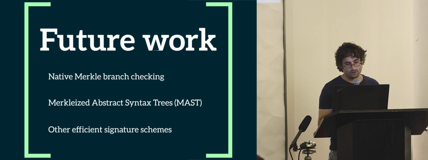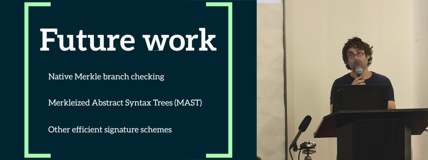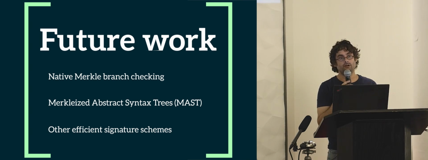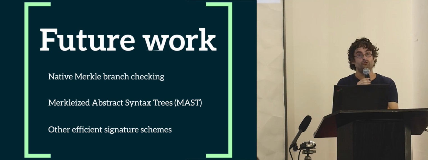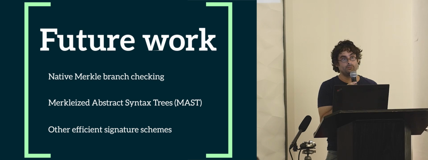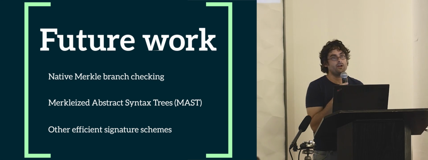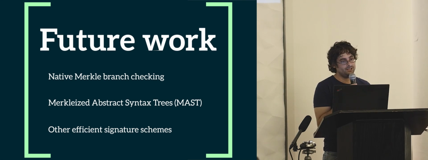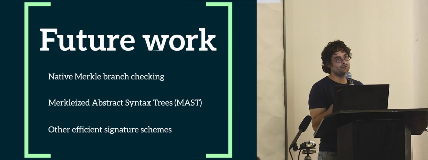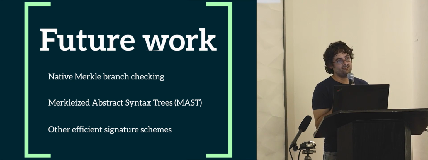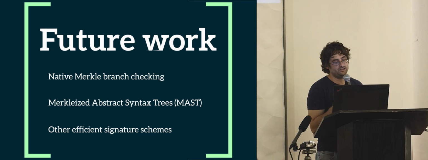Other work is other efficient signature schemes. So the mechanism I've presented here is very good for certain use cases, but it's not good for others. You cannot do 50 out of 100 here due to the combinatorial explosion of combinations of 50 out of 100. So even though the signature would, in theory, be small and the validation time would be small, it's just completely infeasible to sign this.